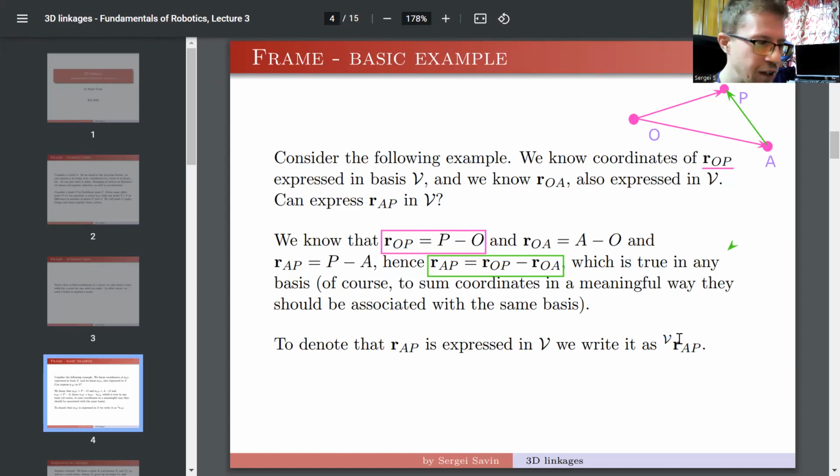We will not dive into algebra. Instead, we will just be very careful. R here is a vector. It can be an arrow. Here it is expressed in terms of V. So therefore, it is 3 numbers. That's what it is, 3 numbers. Okay, good.